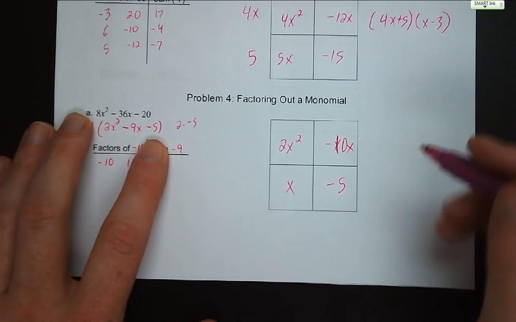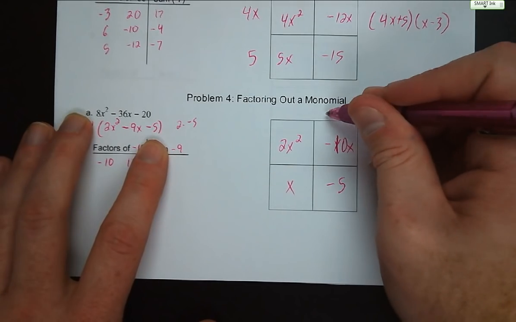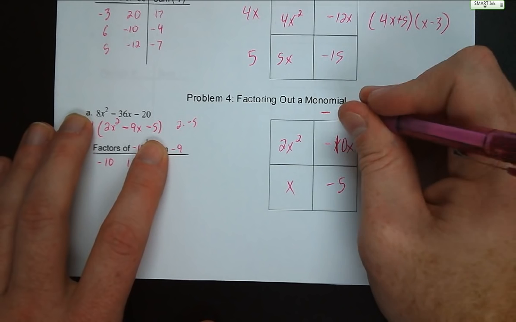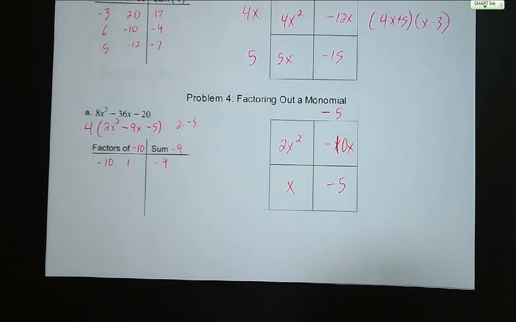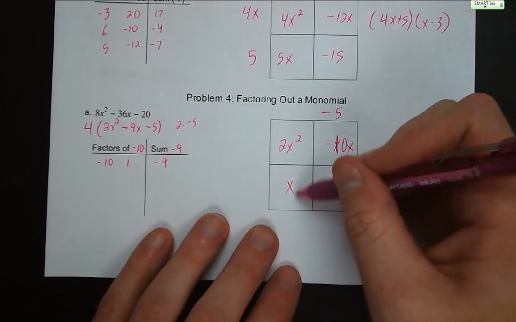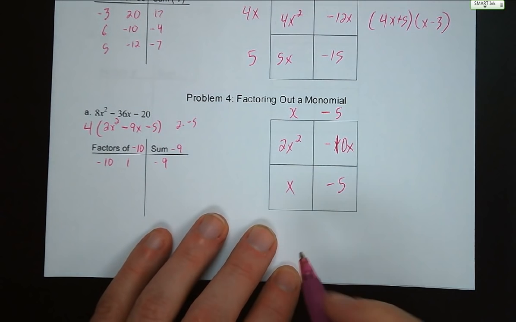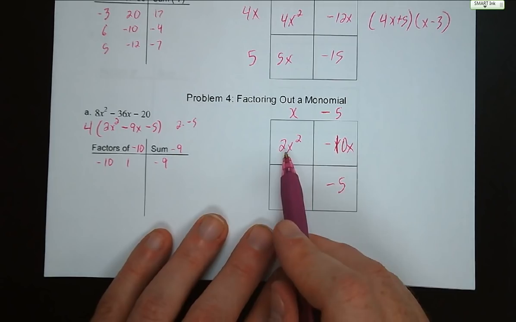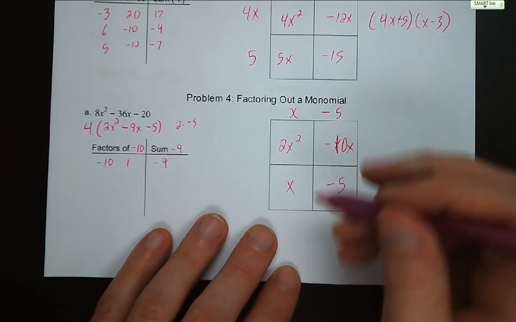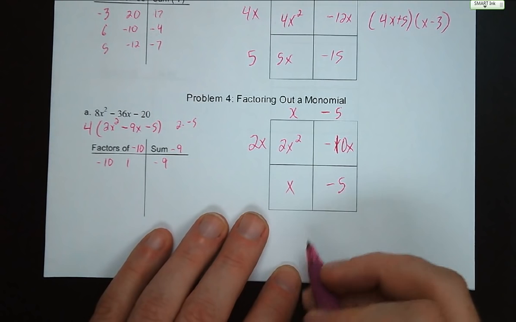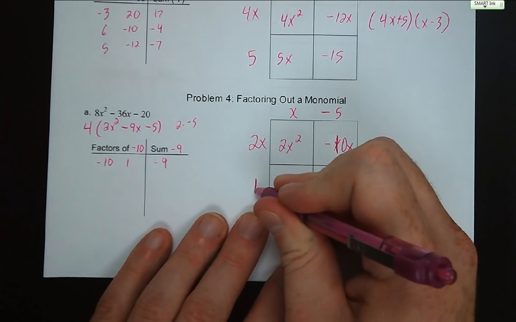So we have a negative sign in our outside box, so we put a negative there. We can bring out a 5 out of 10x and 5. Vertically, 2x squared and x, we can bring out an x. Horizontally, 2x squared and negative 10, well, we can bring out a 2 and an x. And x and negative 5, we have a 1.